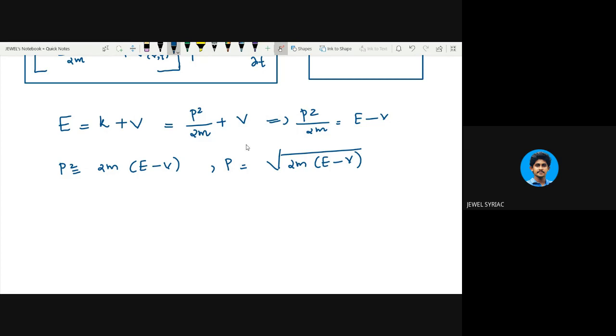Using this expression, we can simply say P square is equal to 2m into E minus V. That means momentum P can be expressed as root of 2m into E minus V, where E is the total energy of particle, V is the potential energy of particle, and m is the mass of the particle we are studying about.